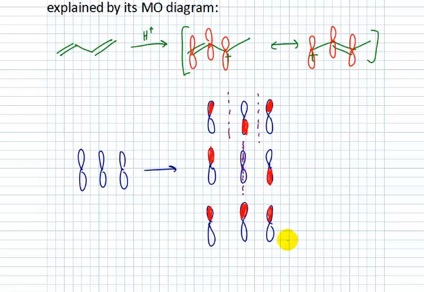The bonding on the bottom, the anti-bonding on top, the non-bonding in the middle. Just the same energy as we originally started with. Now, notice in this pi system, there's a carbocation and a double bond.